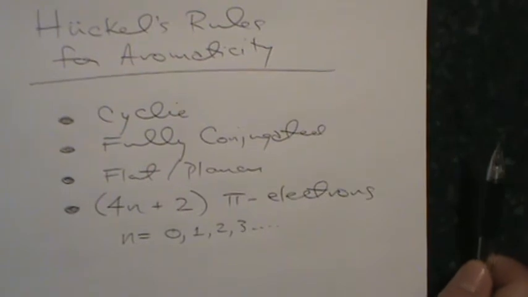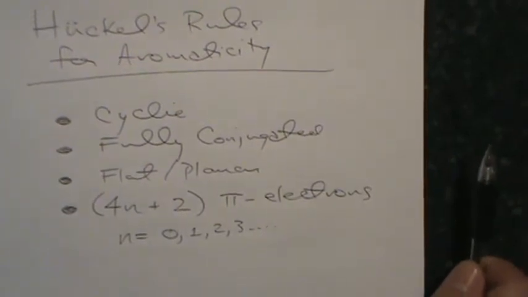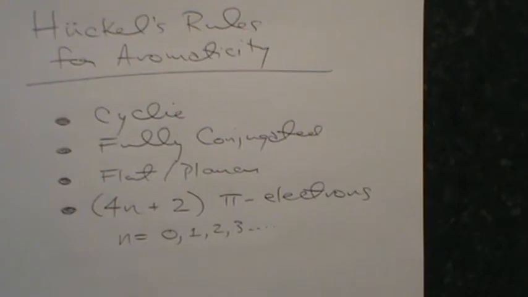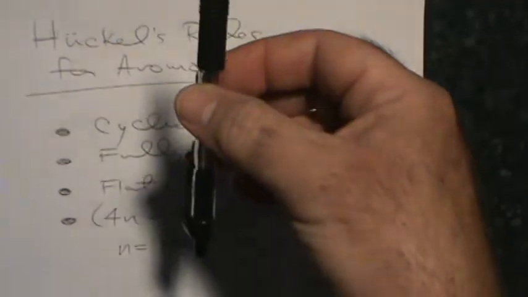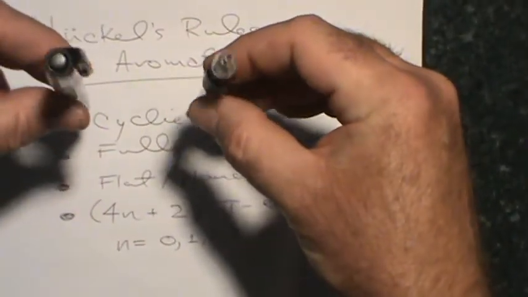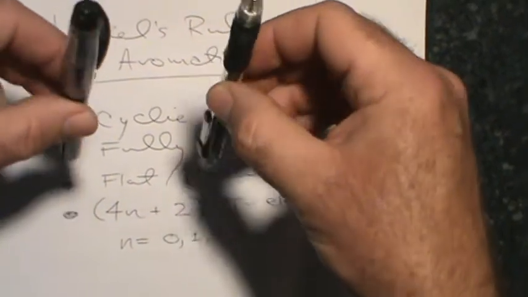Now that's an interesting one. The reason that they must be flat is that those p orbitals, which are all in conjugation, need to be parallel to one another. If I have a couple of p orbitals which are sitting next to each other and they're parallel to one another, then they might be oriented like this.